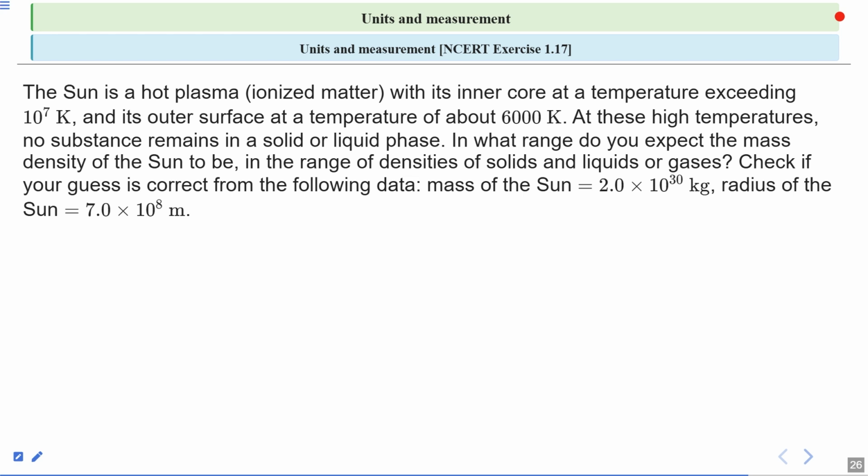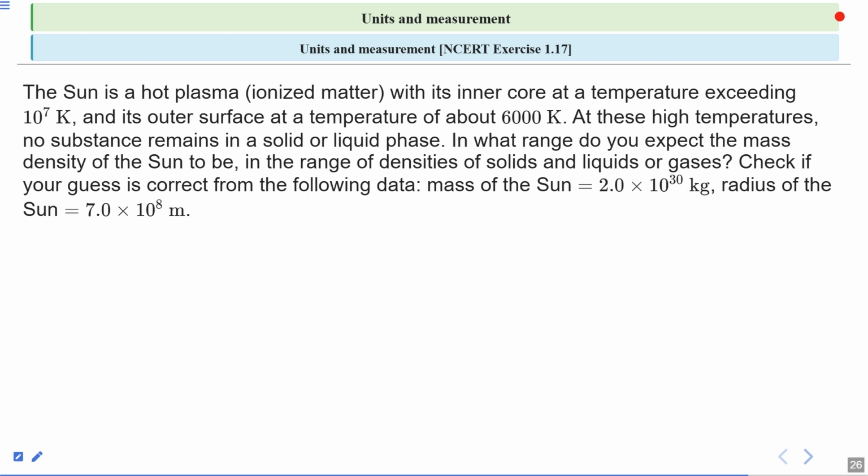Let's, after this question, go to the previous question again, if you have time. So they have given us the total mass of the sun and the radius of the sun, and what they are asking is what will be its density range? Will it be in the range of solids like iron, etc., or liquids or gases?